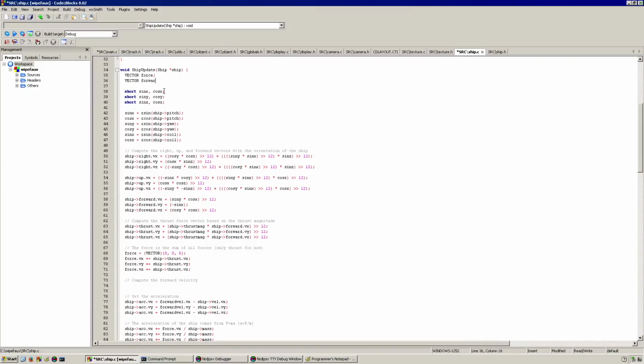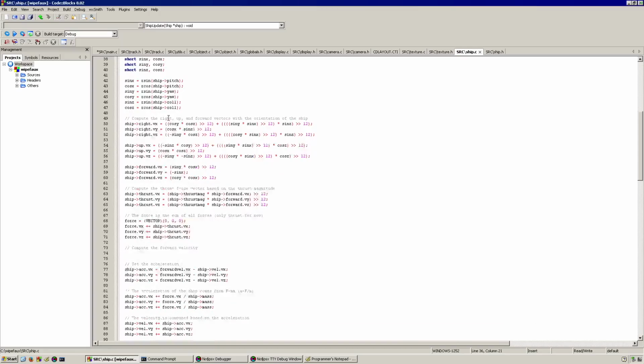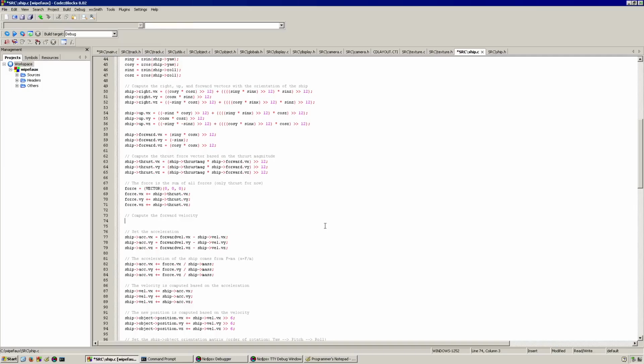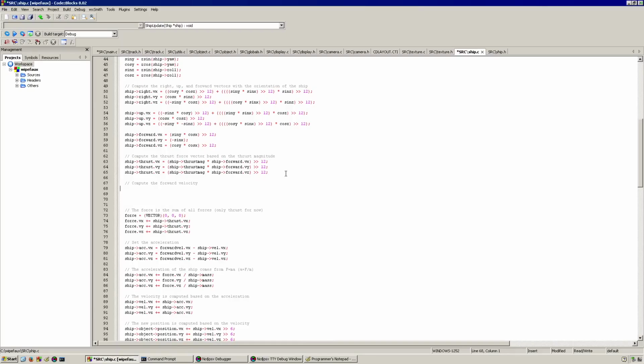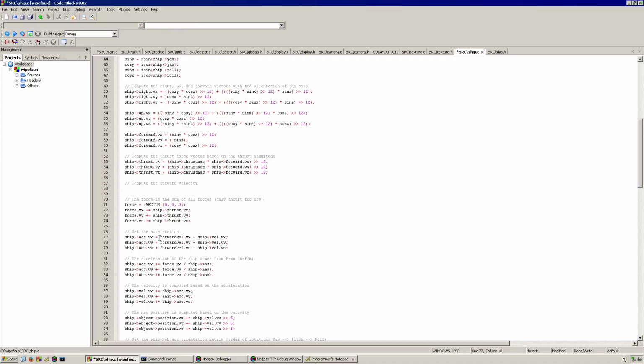The reason why I'm declaring this forward velocity is because I need to get the difference of direction of the new velocity. So I'm going to need to compute the forward velocity Vx. This needs to be the new velocity pointing at the new nose direction.